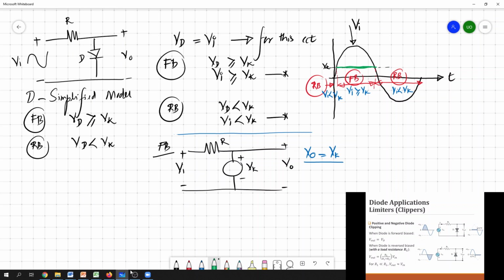Okay, so then we'll see what happens if the diode gets reverse biased. If the diode gets reverse biased, we know that we can replace the diode with an open circuit element.